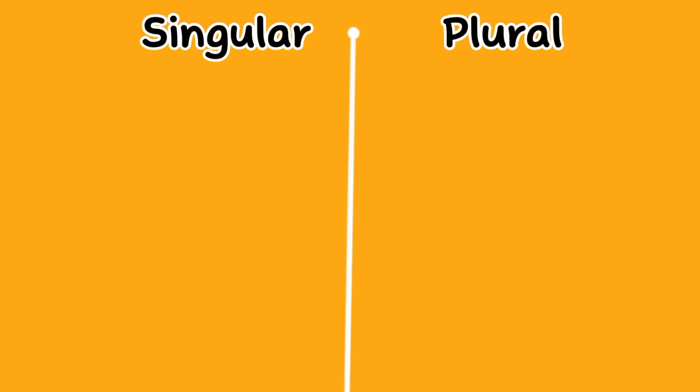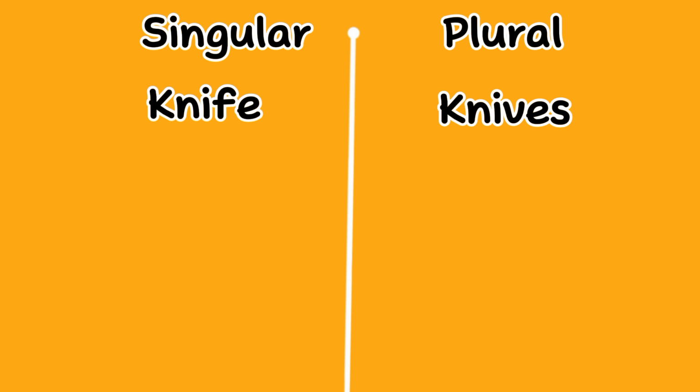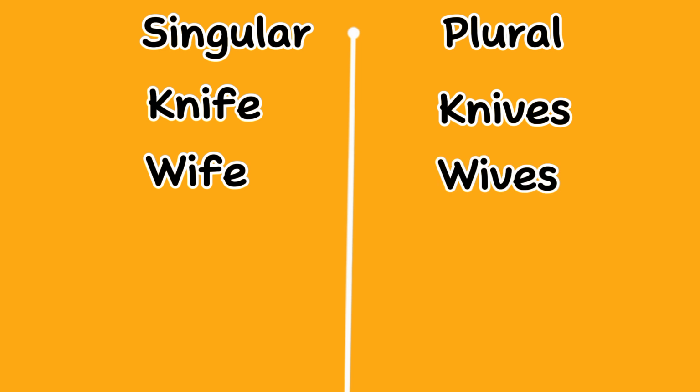For example, knife. Knife ends with FE. So you remove the FE and end it with VES. So you have 1 knife, 3 knives. Wife. Wife ends with FE. So you remove the FE and add VES. So wife, singular, wives, plural.